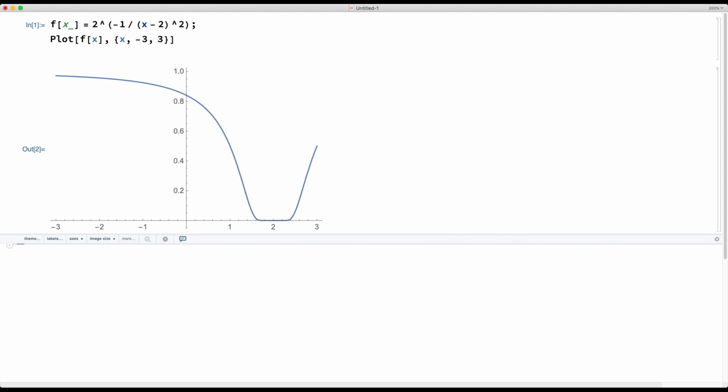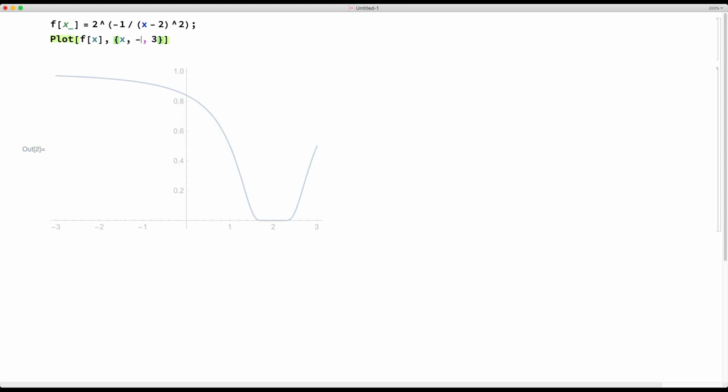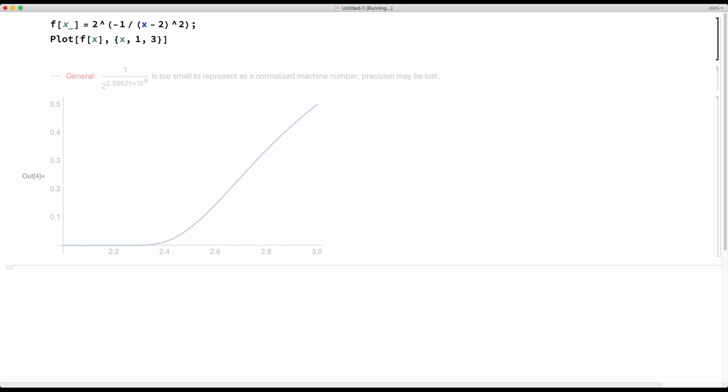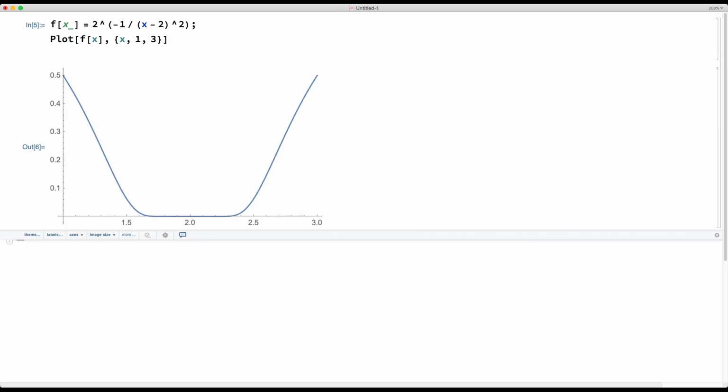All right, so let me redo this, but instead of negative 3 to 3, let's go 1 to 3, so that we're kind of centered in on what's going on. All right, so if we were to look at this graph, first off, let's be clear, I cannot plug 2 into the function, right? So f of 2 is big time undefined, right?